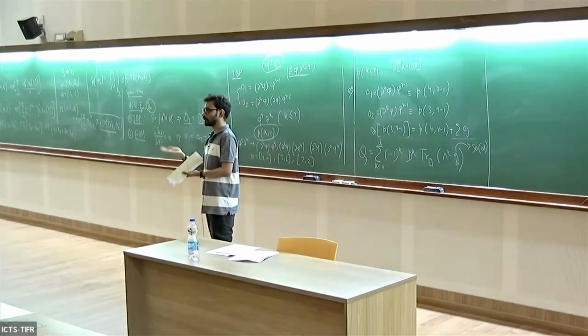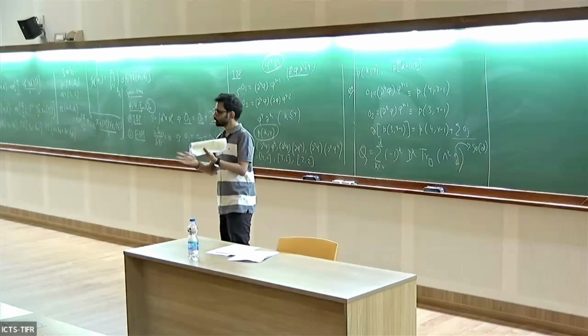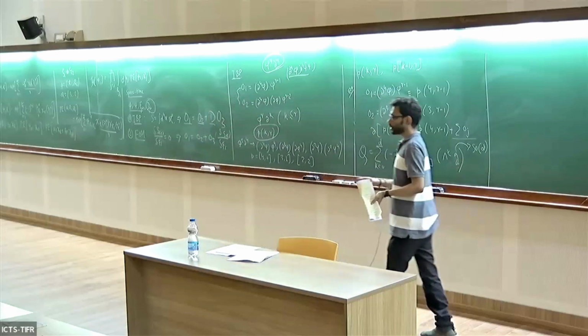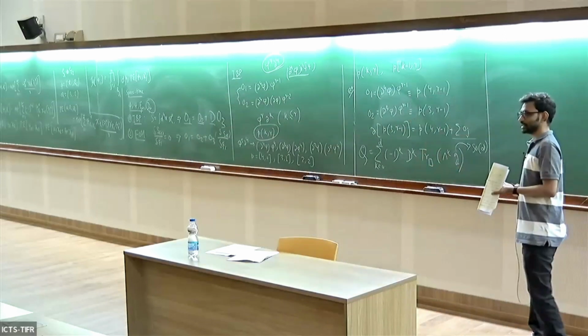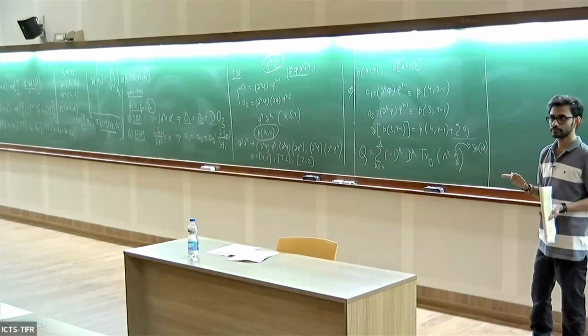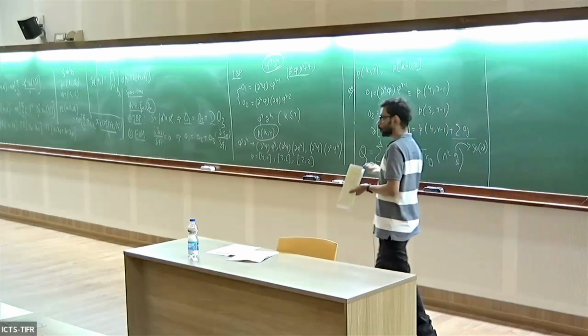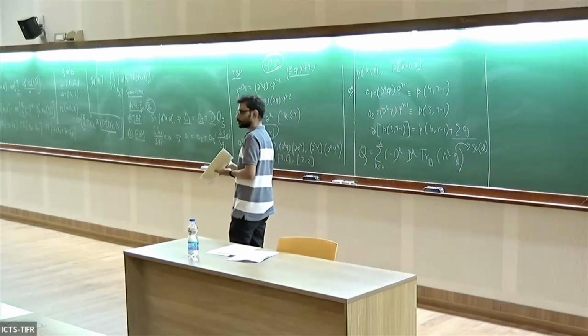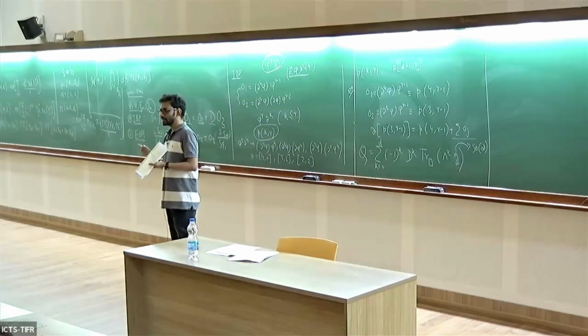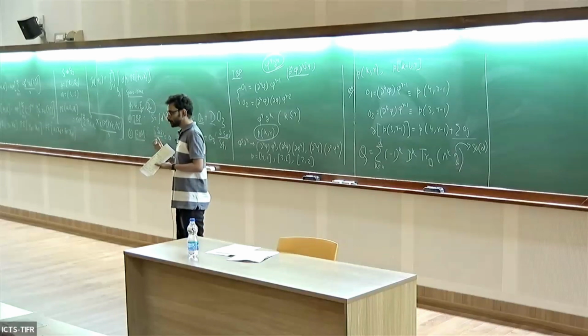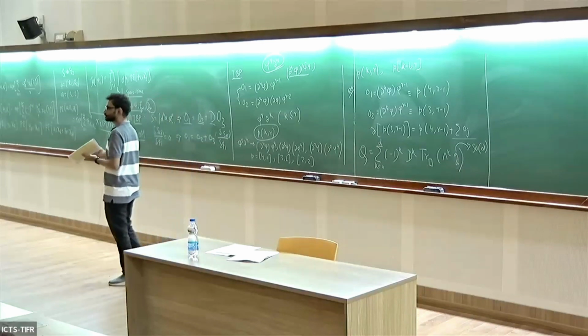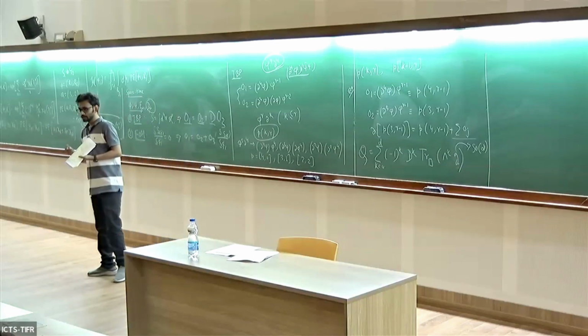SO3,1 or SU1,3 is just the same, depending on how you define it. But the important part is that it's not compact, right? And we know for a non-compact group, we do not have any finite dimensional unitary representations. But we are interested in the unitary representations. So that is one catch.